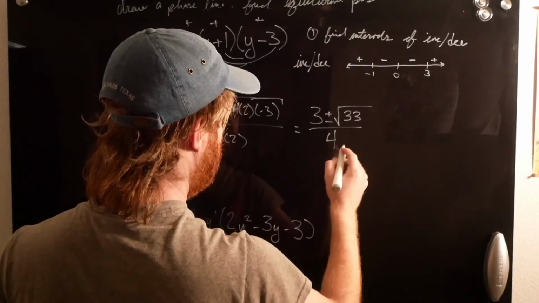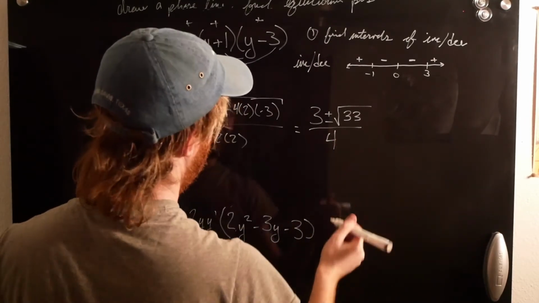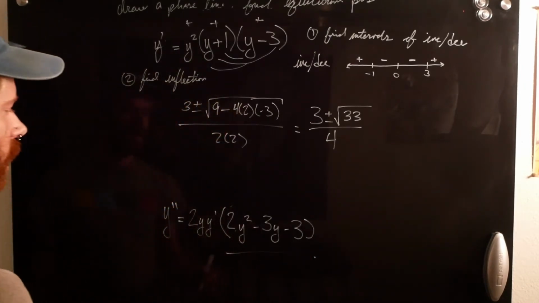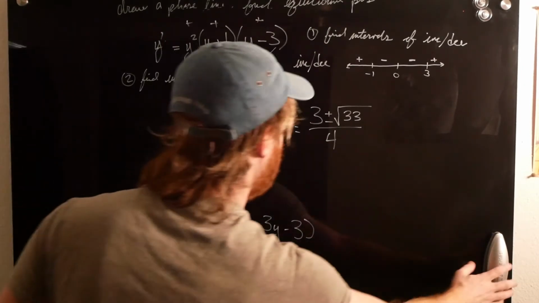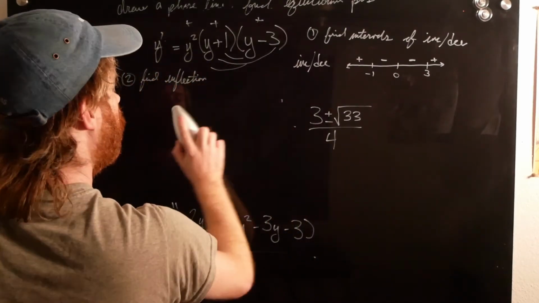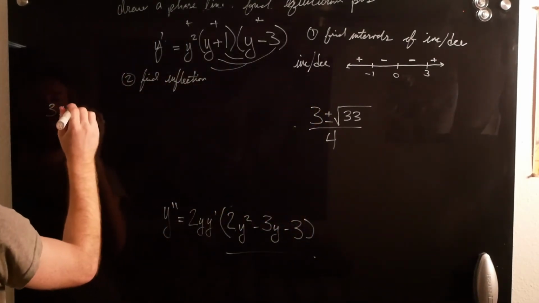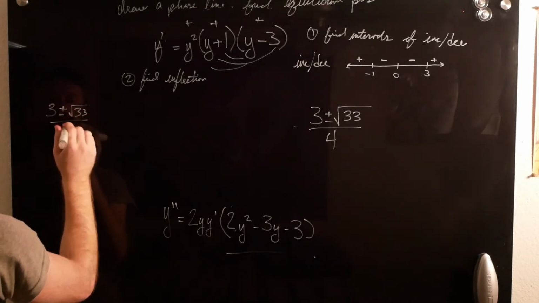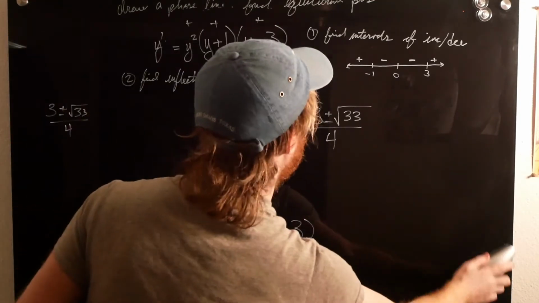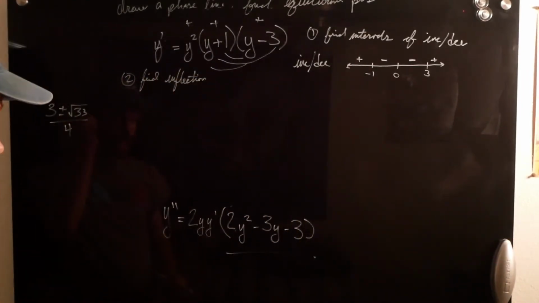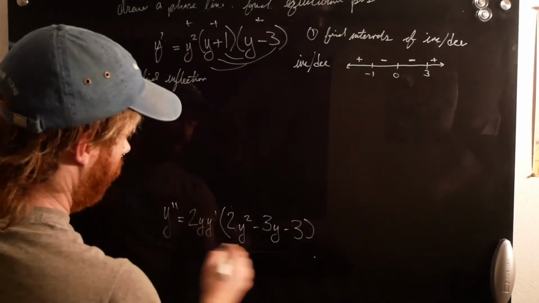So this is going to be our roots now for this part of the problem. Okay? So I'm going to go ahead and make note of that off to the side over here. 3 plus or minus root 33 over 4. So now what we can do is we're going to have to rewrite all of this, right?